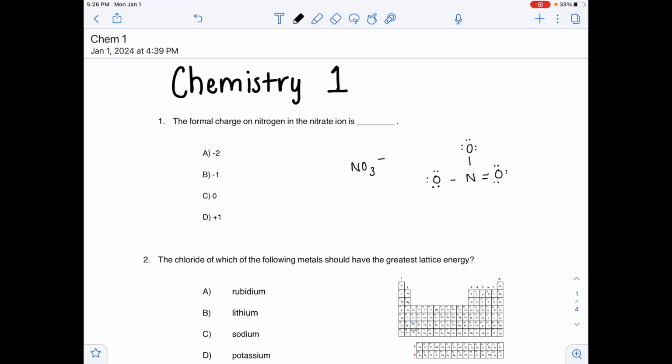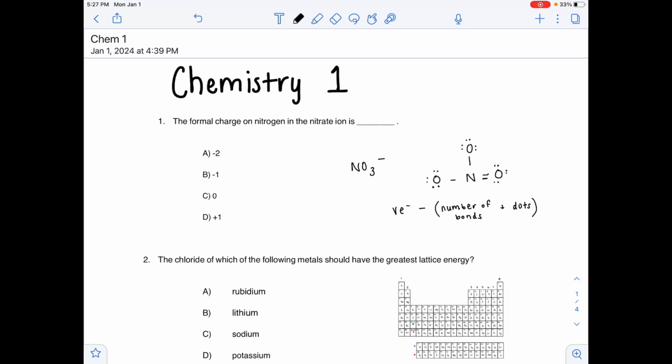To calculate the formal charge, it's the valence electrons minus the number of bonds plus the number of dots, but it's just the lone electrons.